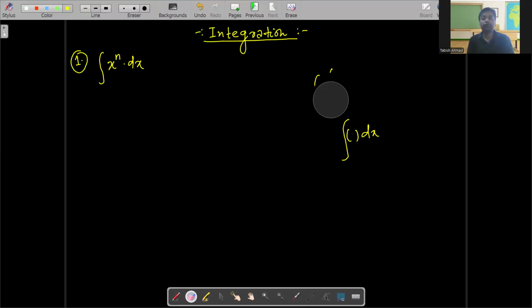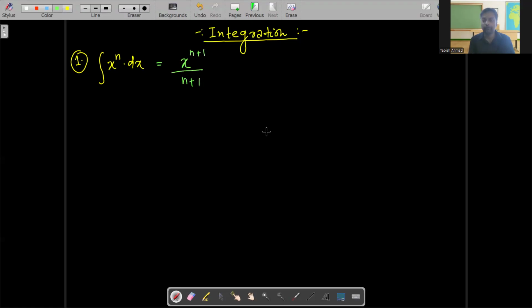Now, what is the integration of x to the power n? That is nothing but x to the power n plus 1 over n plus 1. Let me take an example. Suppose I have been given y is equal to x to the power of 4, and we have to integrate it.